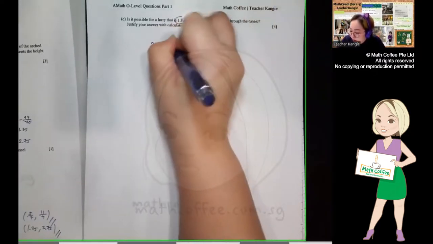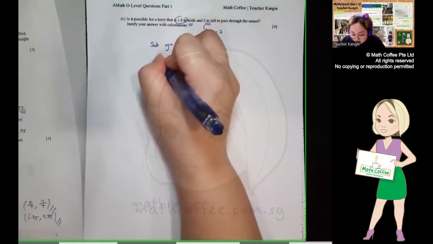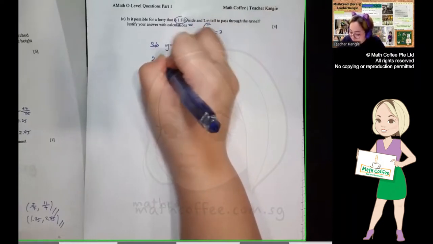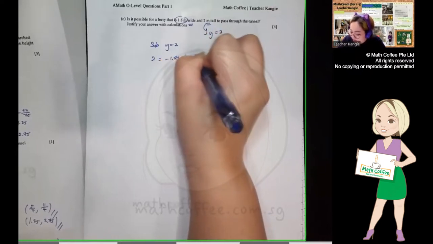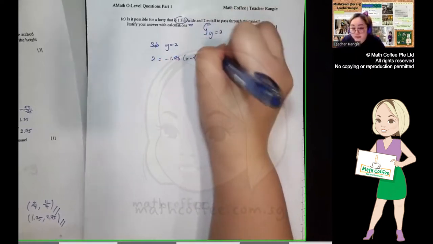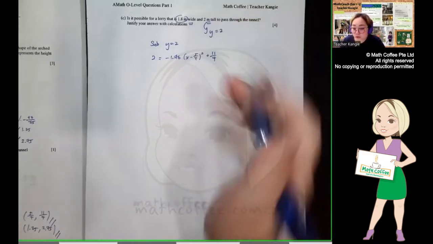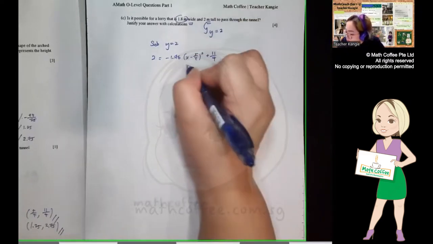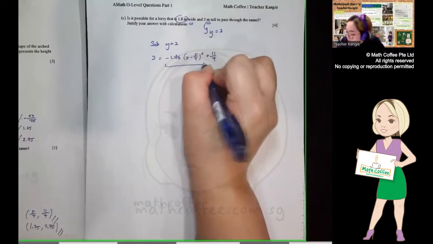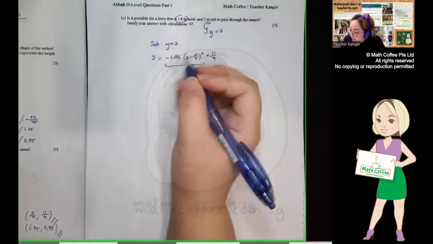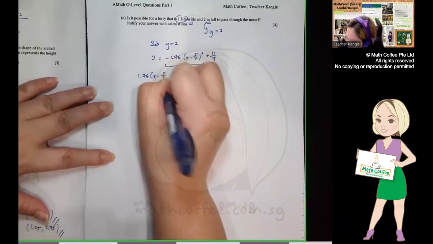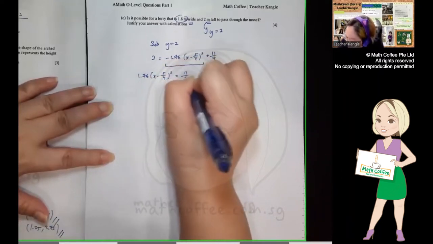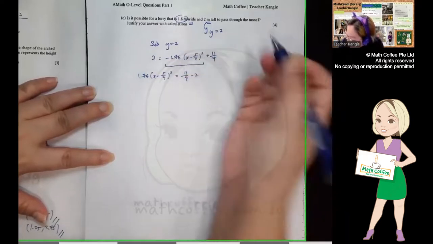So let's start with y equals 2. We will have 2 equals minus 1.76 (x minus 5 over 4) squared plus 11 over 4. I'm going to bring this whole thing to the left-hand side. So it will be 1.76 (x minus 5 over 4) squared equals 11 over 4, and bring over the minus 2.